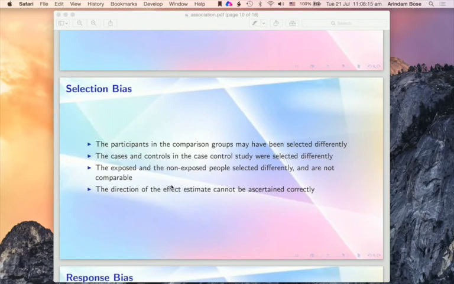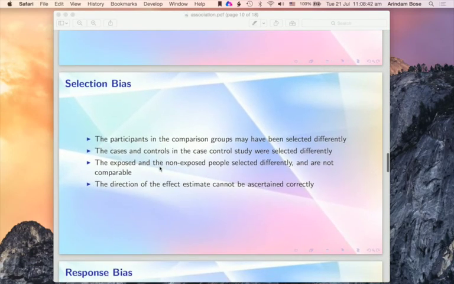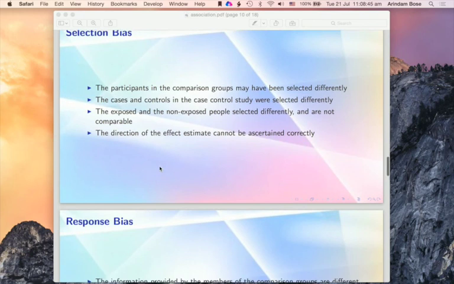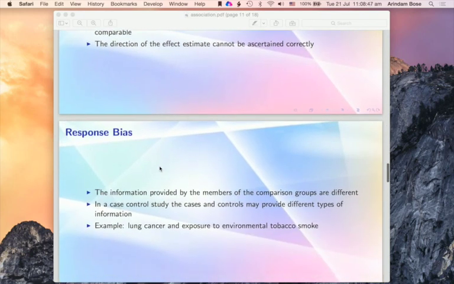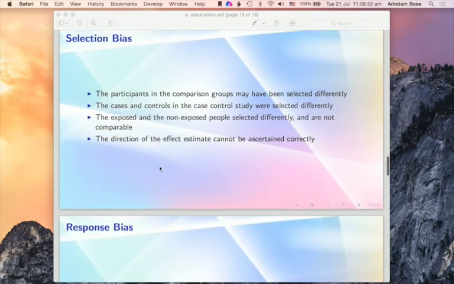Similarly, for cohort studies, the exposed and the non-exposed cohorts may be assembled differently. And when that happens, we do not know the direction of the effect estimate. For example, in the case of a random bias, we know that the effect estimate that we observe will be closer to the null than the true effect size. Here, we have no way of knowing this because that's a non-random bias. So that's about the selection bias.